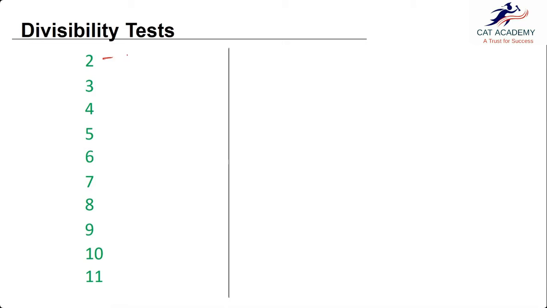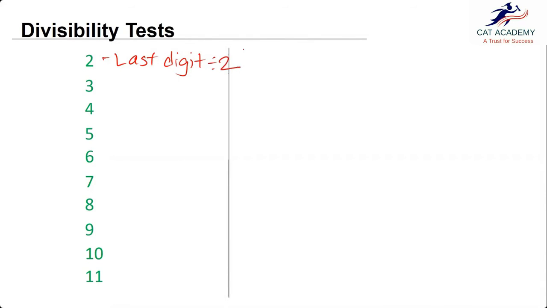That means the last digit should be 2, 4, 6, 8, 0. Correct? So can I say, in short, the test is that the last digit should be divisible by 2.